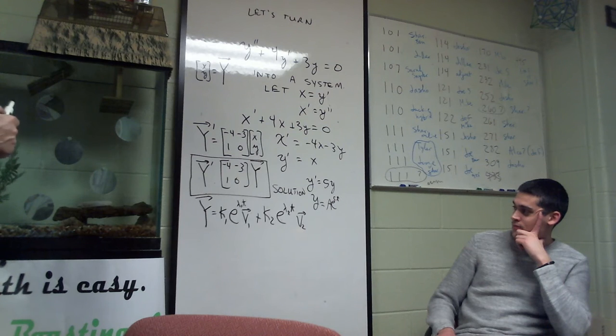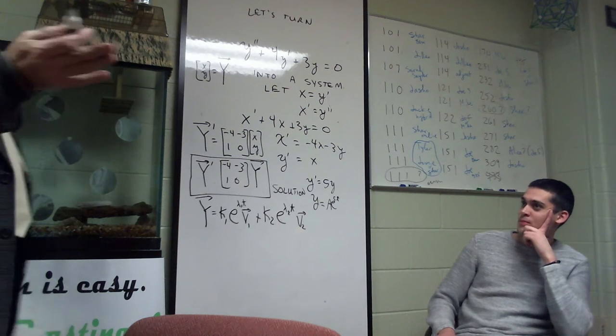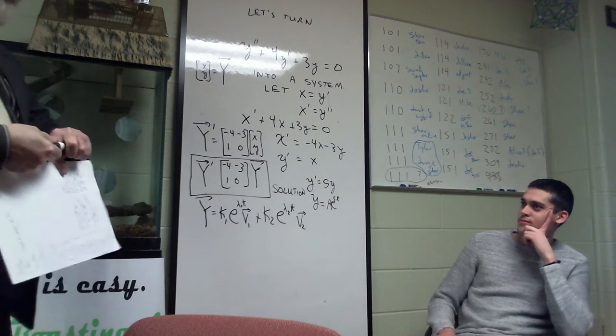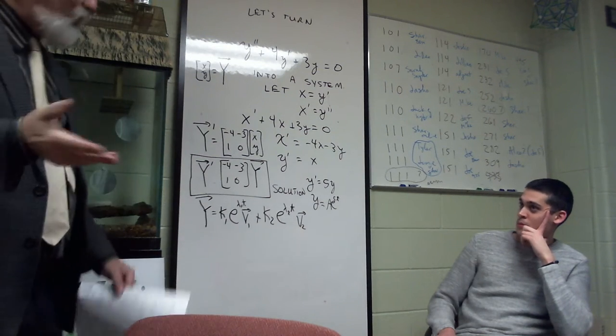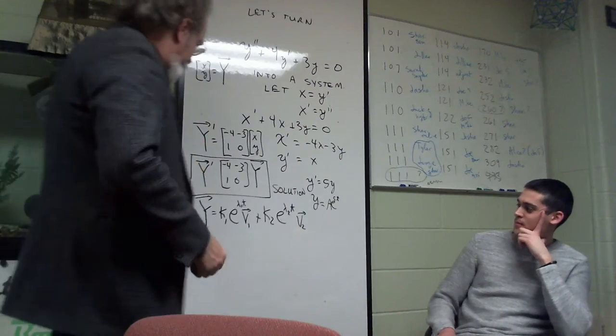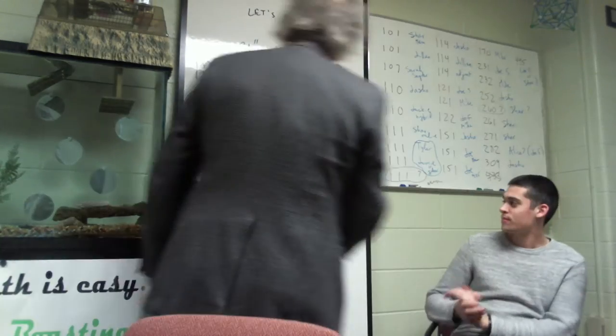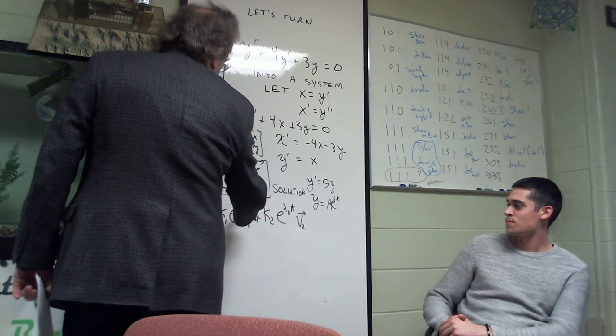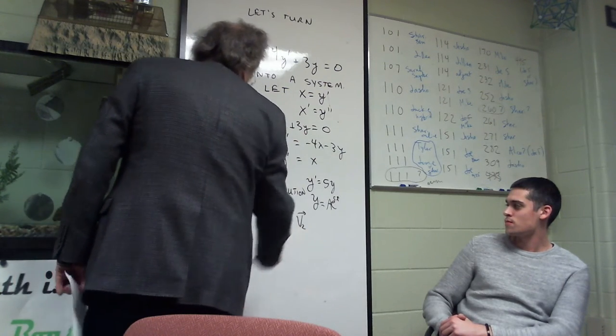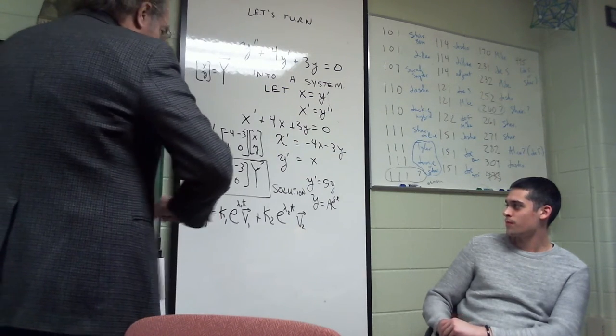I would like to show you why. How do we show something's a solution, Bronco? We just did that. Check. How do you check? You take the derivative. So let's take the derivative of this. Now remember, v1 is a constant vector. v2 is a constant vector. So there's really only one variable up here.